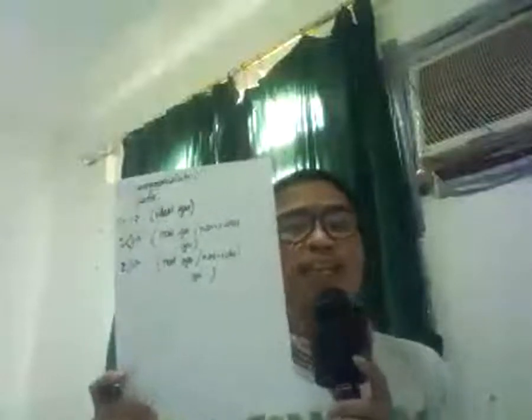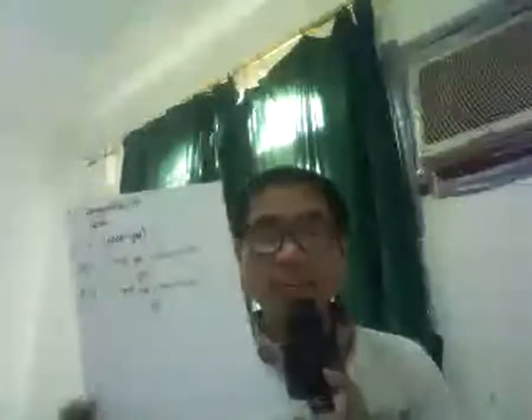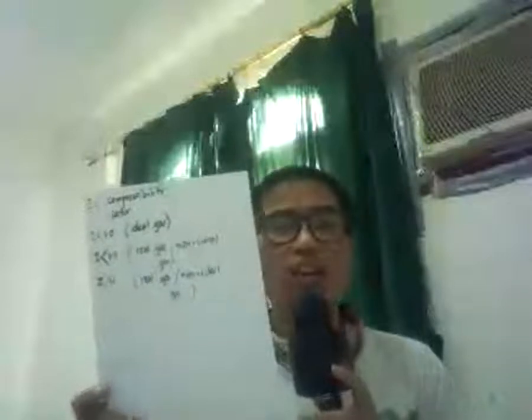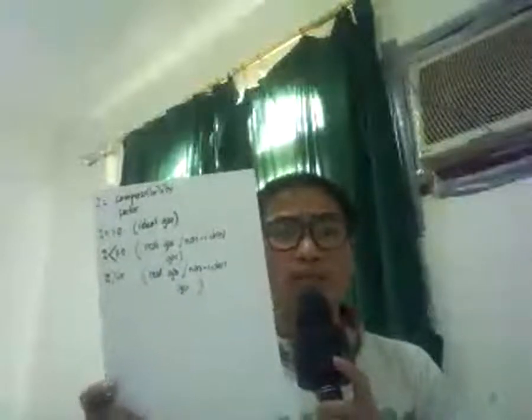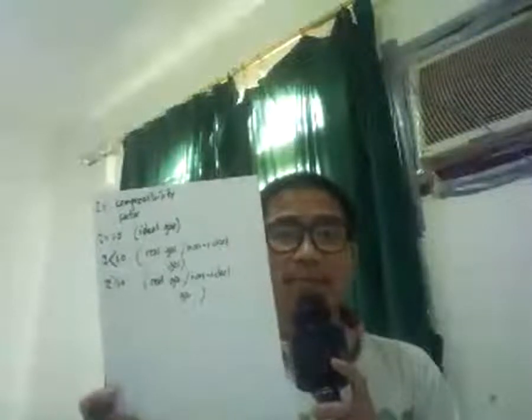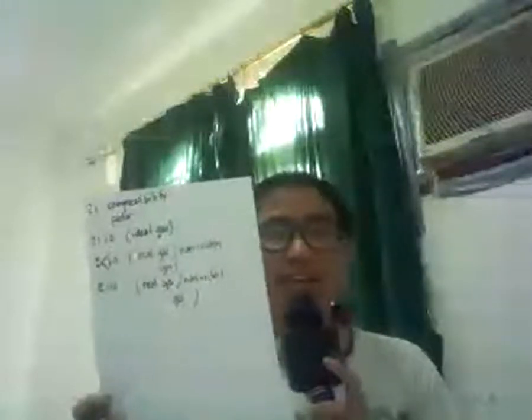So practically, nowadays, at this moment in time, August 5, 2021, the gases around me are not ideal. In the real sense of the world, in actual scenarios, it's not ideal. It's real gas and non-ideal gas.